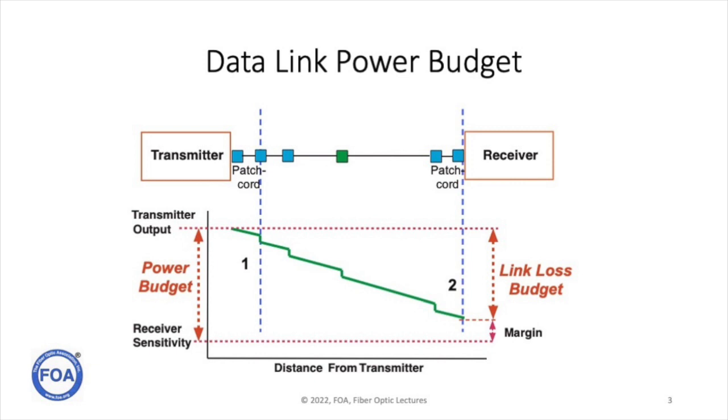The link loss budget is the calculated estimate of the amount of loss in the cable plant, which comes from the attenuation of the optical fiber and the loss in connectors and splices. The difference between the power budget of the data link and the link loss budget of the cable plant is the operating margin of the system. And we always want that to be a positive number so that we know the communication system will work.